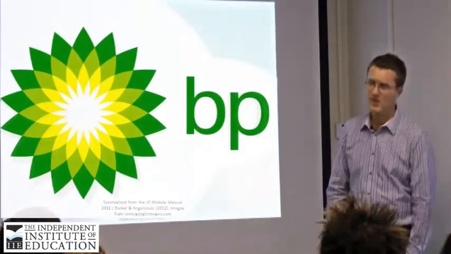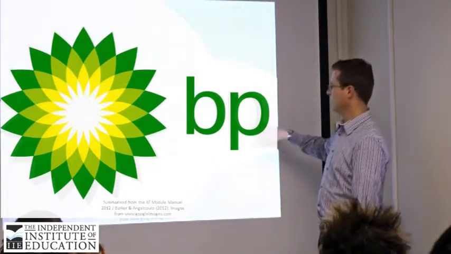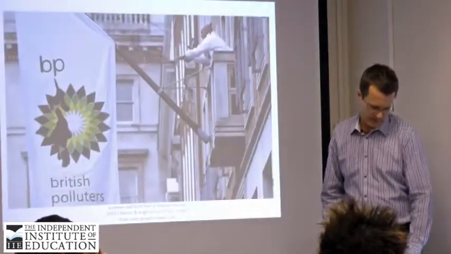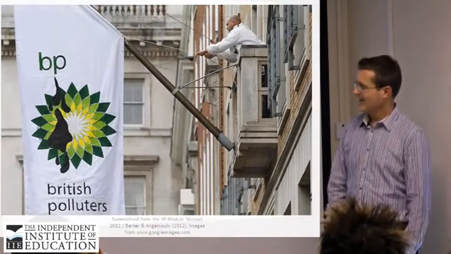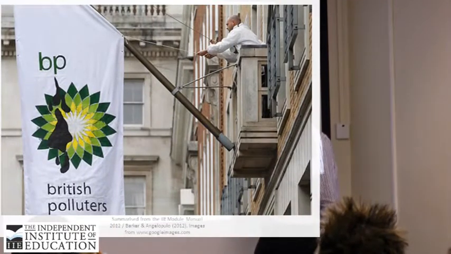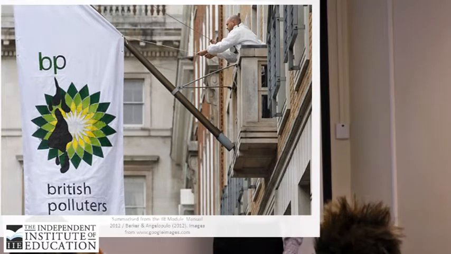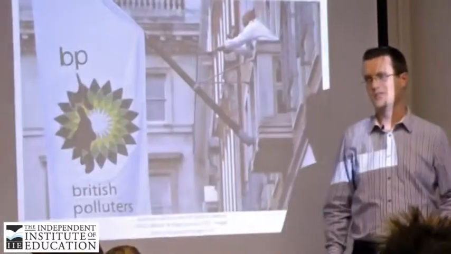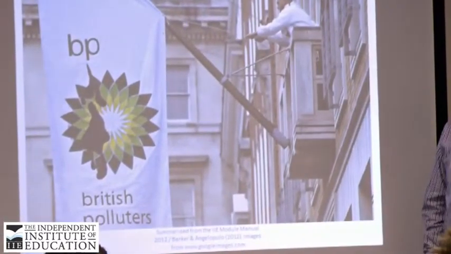BP stands for British Petroleum. Corporate identity changed. Public opinion changed it. They put the logo with paint or whatever on it, and they call it British Polluters, not British Petroleum, and these people are trying to take it down.